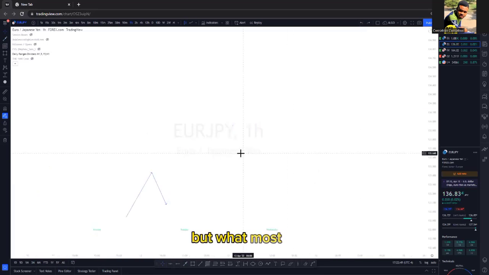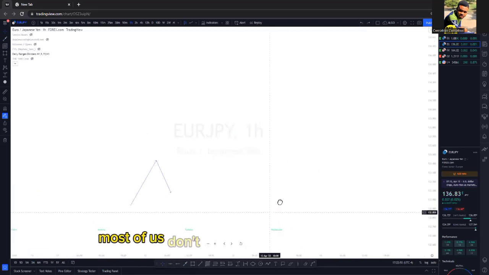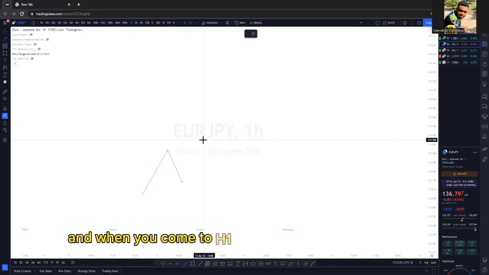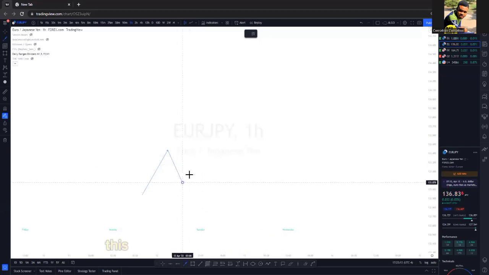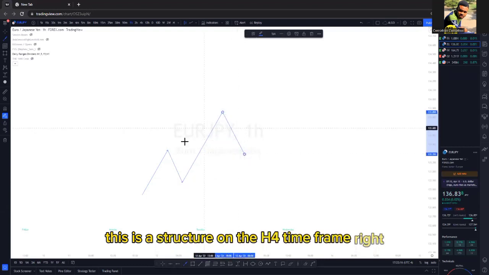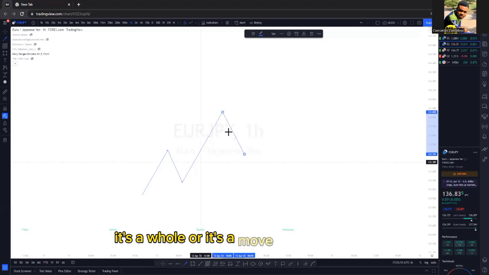But what most of us don't know is that we have a structure within a structure. So what I basically mean is, we can have an H4 structure, then when you come to H1, you can have another structure within the H4 structure. Let's say this is a structure on the H4 time frame. It's a move on its own.